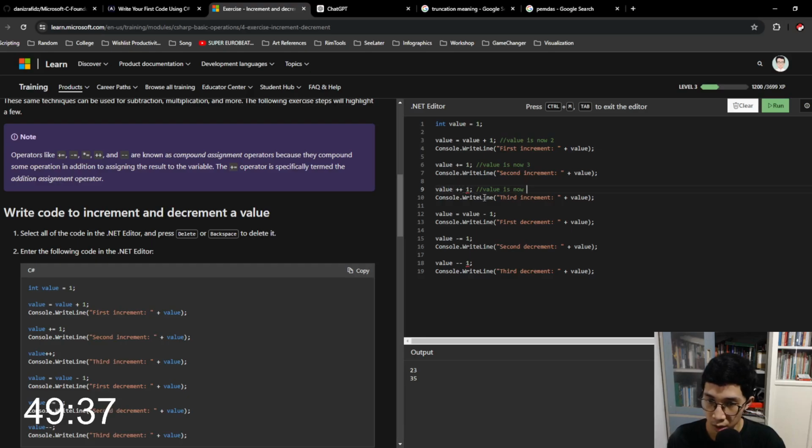Value plus plus 1. That means the previous value was 3, and then what is it?